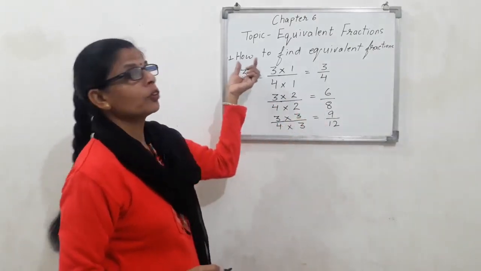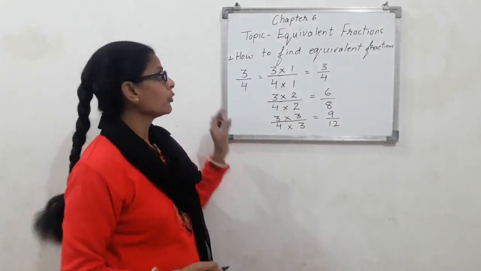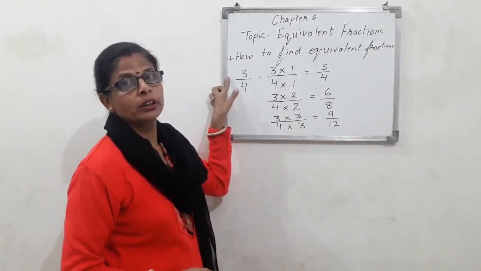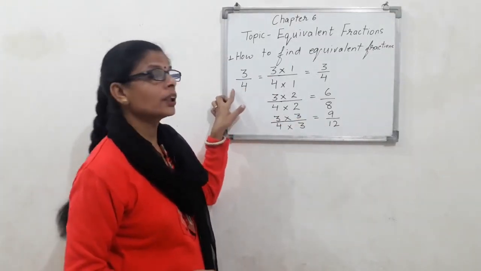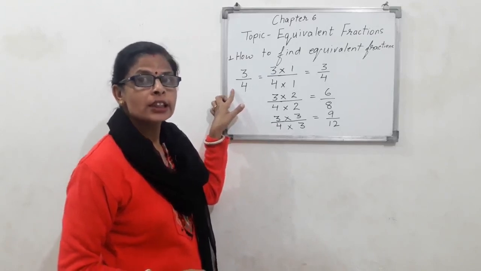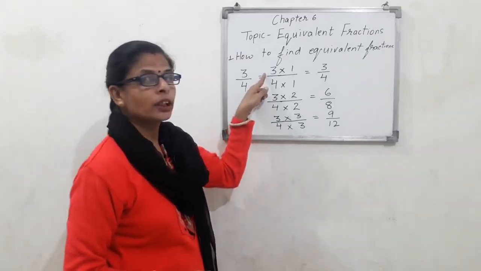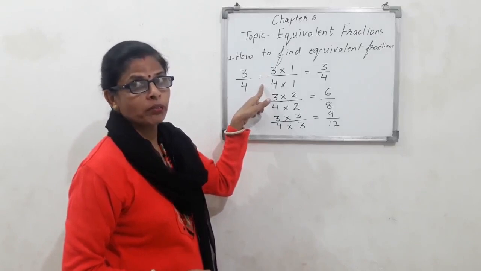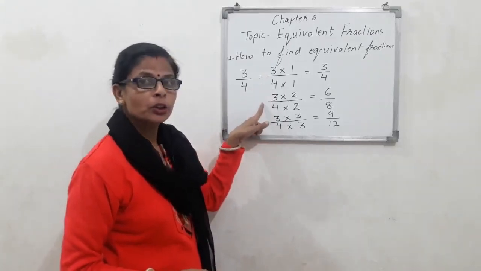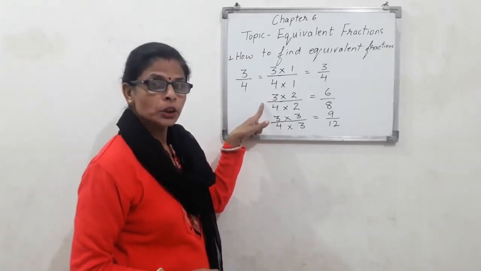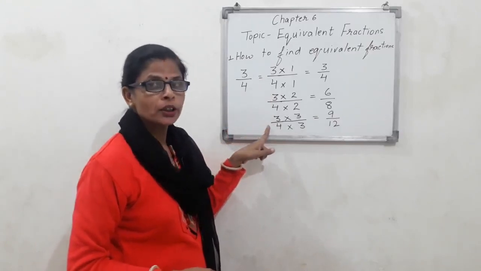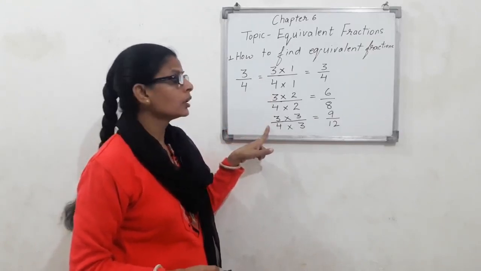So when we have to find the equivalent fraction, we have to multiply the numerator and the denominator with the same number. Here we have multiplied the numerator and denominator by 1, here by 2, and here by 3.